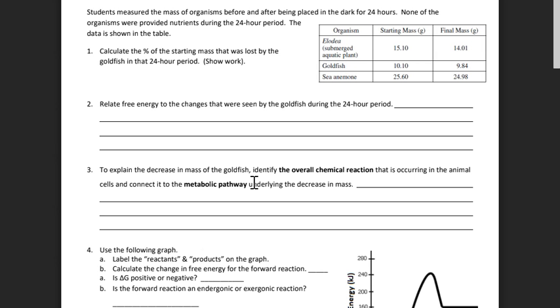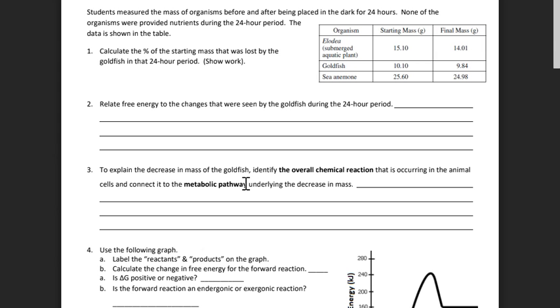If I say connect it to a step in respiration that is responsible for the decrease in mass, what are some things you would list if I said, give me a step of respiration? Glycolysis. Sure. Any of those 4 things on your poster, right? Do you know those can also be called metabolic pathways?